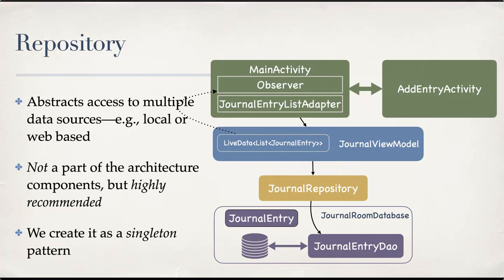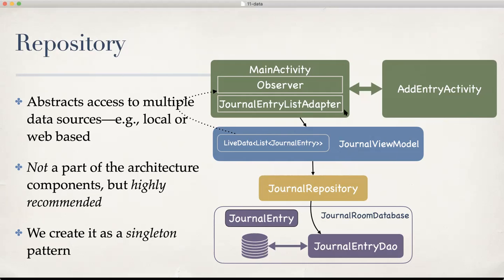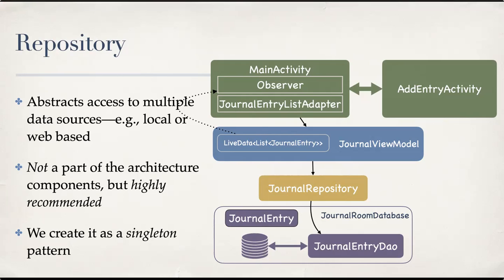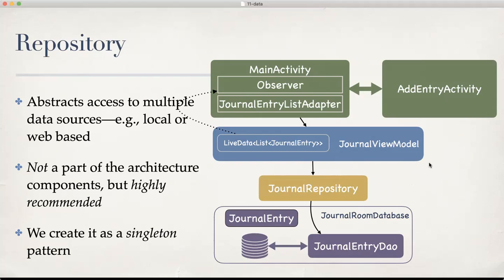You could implement another repository, and you could basically move your local database to cloud or something like that, and nothing in the upper layers has to be changed. That is the point. That is the advantage here. And since it makes sense for the repository to have only one instance, we are going to use the singleton pattern, another important object-oriented pattern, to access it.